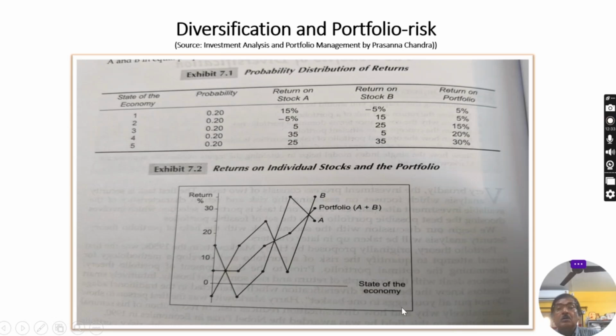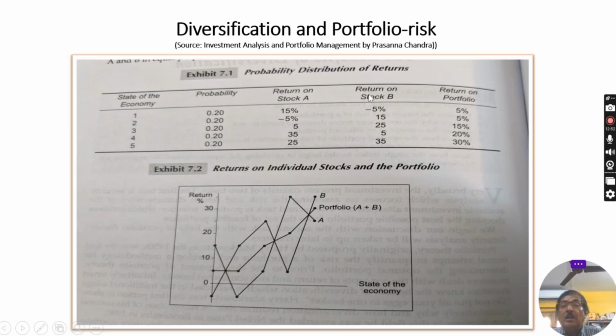Now, for better understanding and to take the case of probabilistic, I have taken another problem. Just see the data minutely. Here the return is given. Two stocks are taken for discussion.